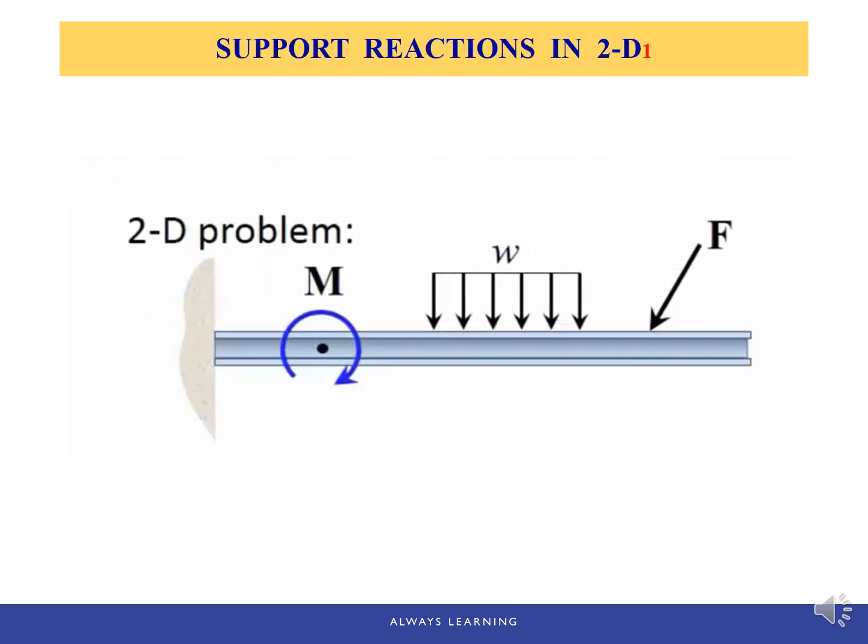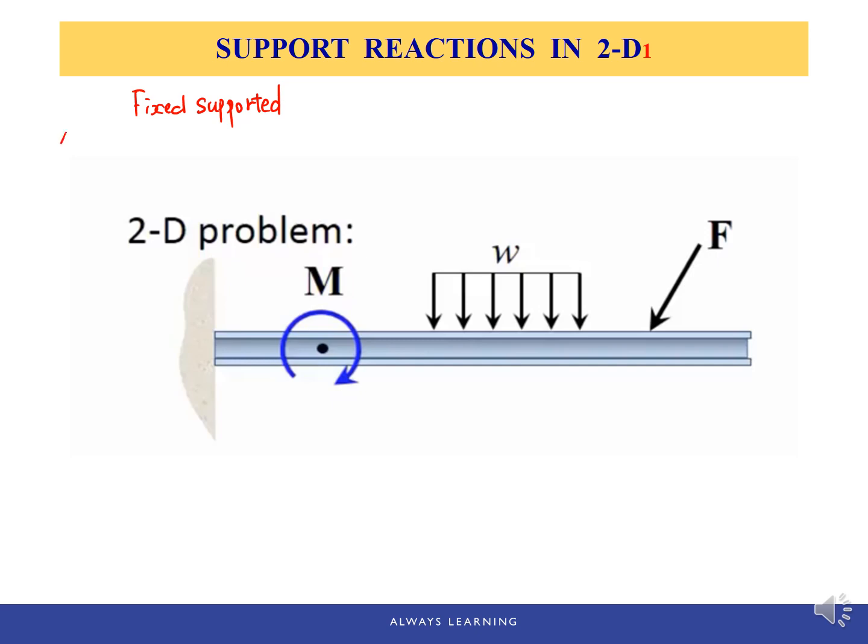Let's use this example to see what kind of support reactions the wall will provide to this beam so it stays static. So this wall is considered a fixed support because the beam is fixed here. It doesn't have any type of motion. No translational motion in any direction. There's no rotational motion as well.